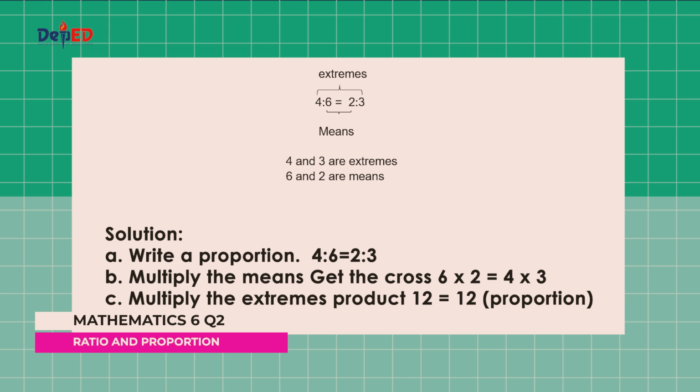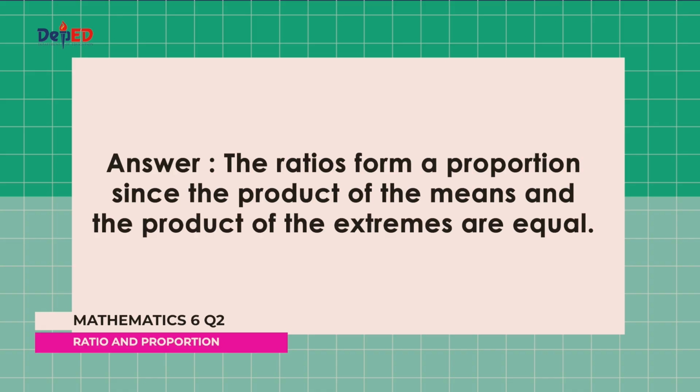When you multiply 6 times 2 and 4 times 3, you get the product 12. 12 is equal to 12. The ratios form a proportion since the product of the means and the product of the extremes are equal.